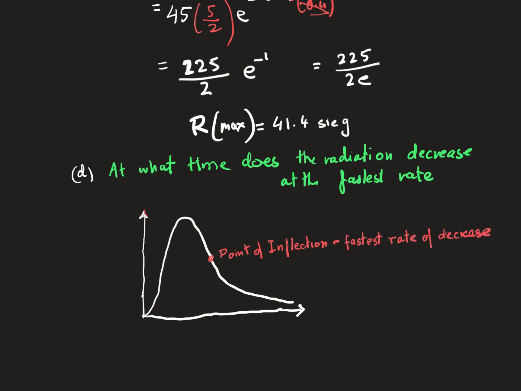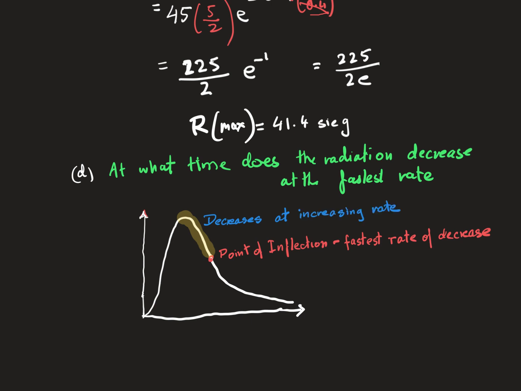Fastest rate of decrease. And over here, where I'm showing you the arrow, it also decreases, but do not forget to say that it decreases at what kind of rate?